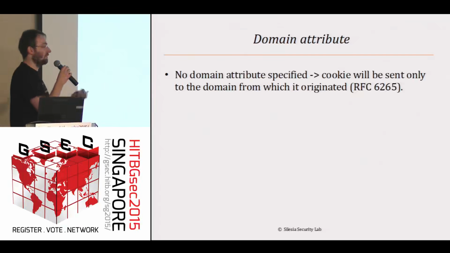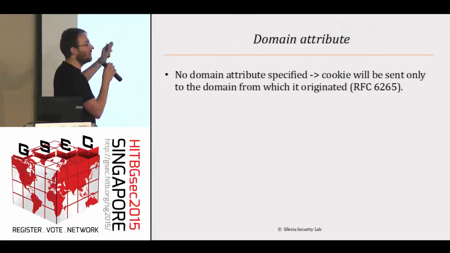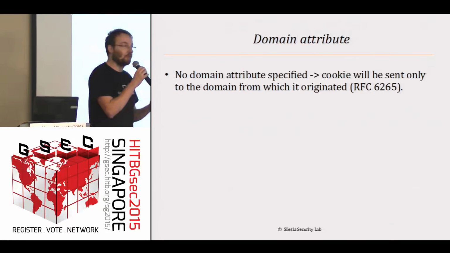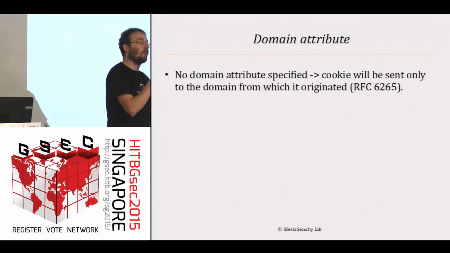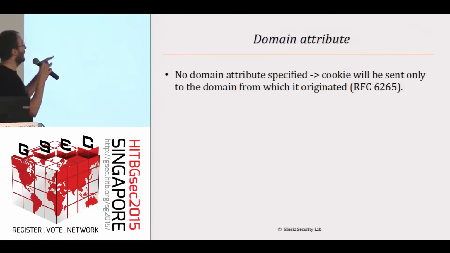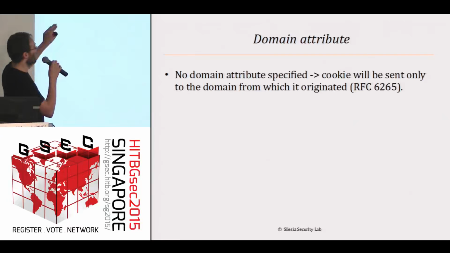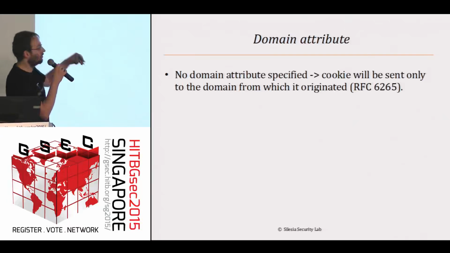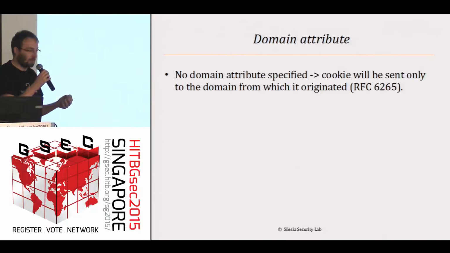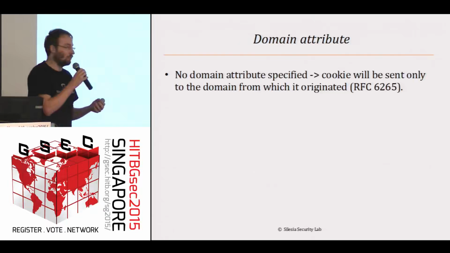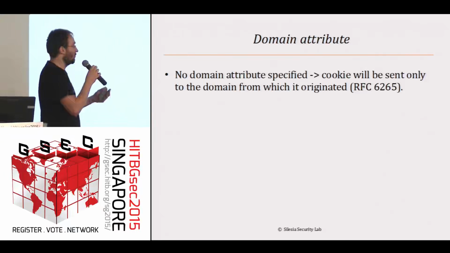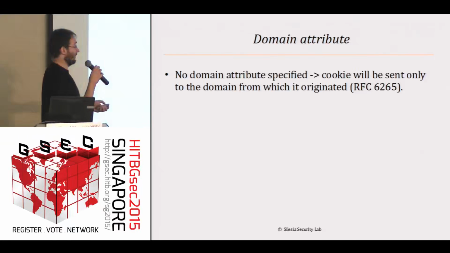On the other hand, and this is a very popular solution, when the domain attribute, for example, is abc.com, then this cookie will be sent to abc.com and all subdomains of abc.com, provided that the domain attribute is specified. If this is not specified, it will only be sent to the domain from which it originated. The logic behind this is you don't want your sensitive cookie to be disclosed to other subdomains, right? So this is logical why it was introduced to this RFC.